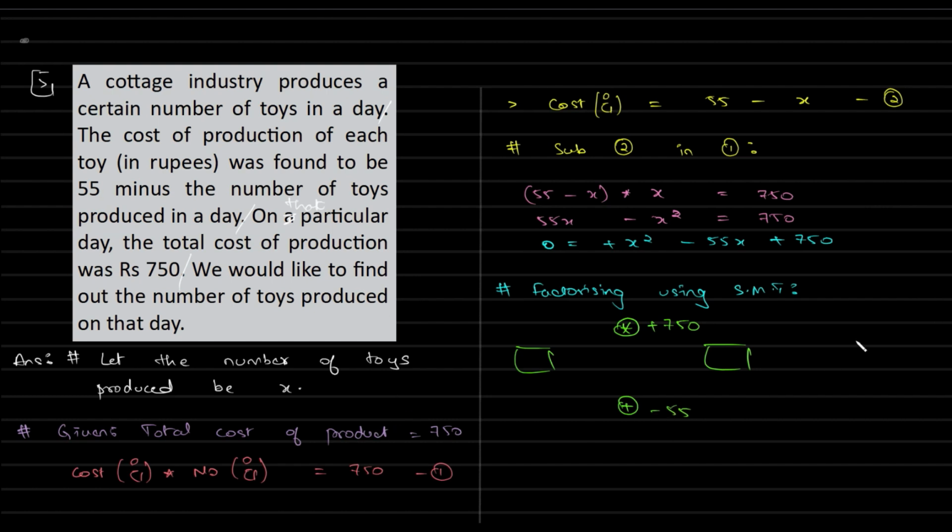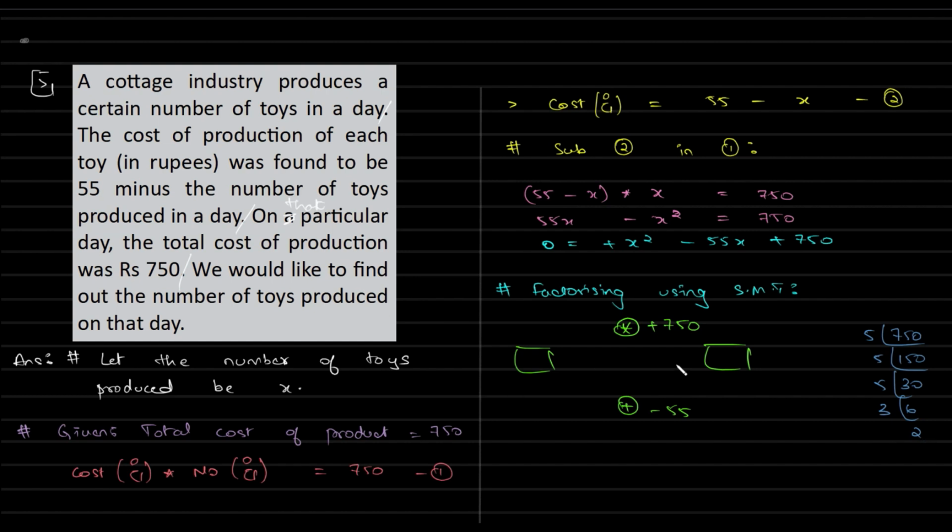The best way to go about doing this is to work out 750. Don't try to write all the factors. That will take a lot of time and it's not possible to figure out that way. So this is 50, this is 30, this is 6, and this is, yes.